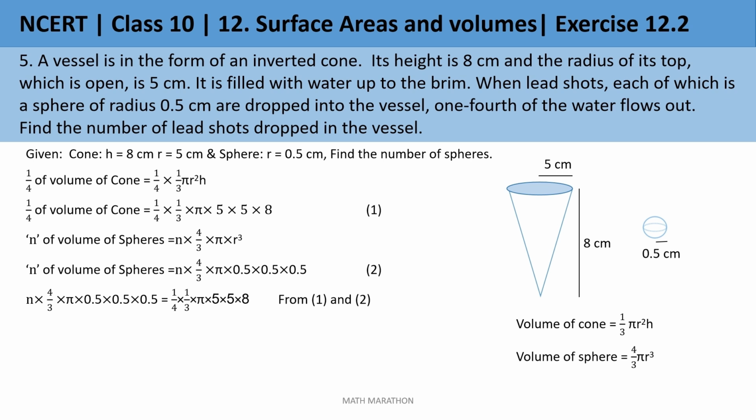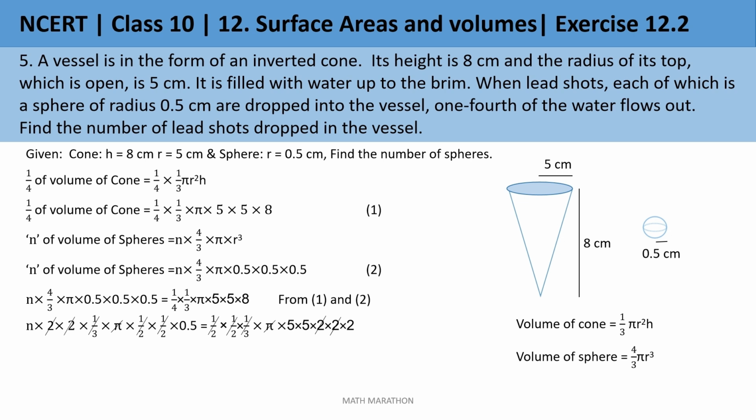So, we got this equation. We need to solve for n. Let us divide the equation by pi. We can cancel out pi. Let us divide the equation by 1 by 3. We can cancel out 1 by 3. Let us divide the equation by 1 by 2 multiplied by 1 by 2. We can cancel out 1 by 2 multiplied by 1 by 2.